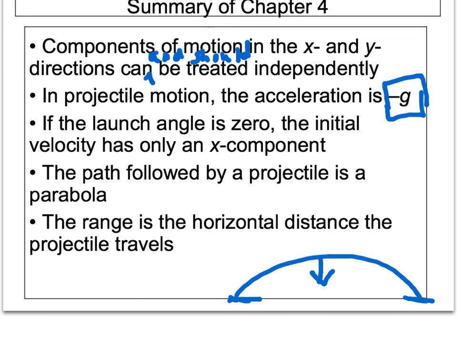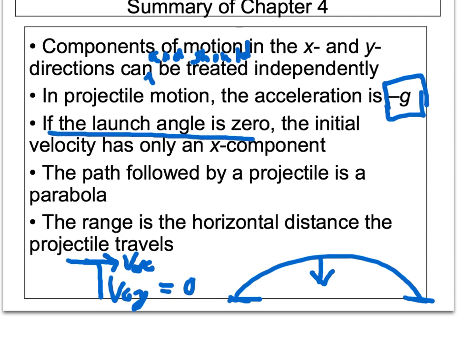If the launch angle is 0, which is what you got to play around with in the lab this weekend, initial velocity has only an x component. V naught x equals something, and V naught y equals 0 for a 0 launch angle. If the launch angle is not 0, you have to split velocity into its component vectors.